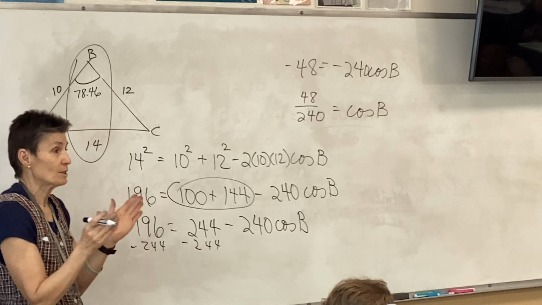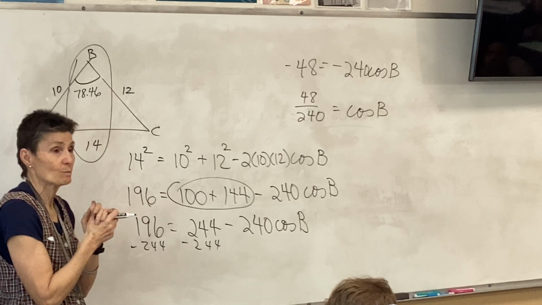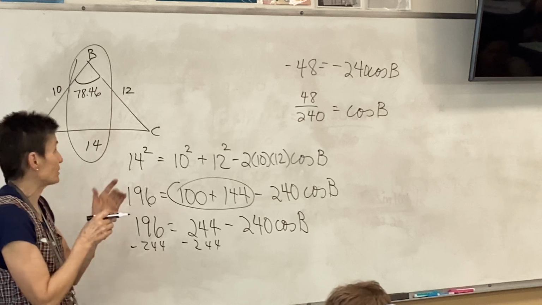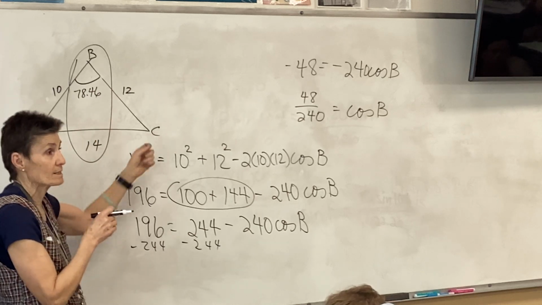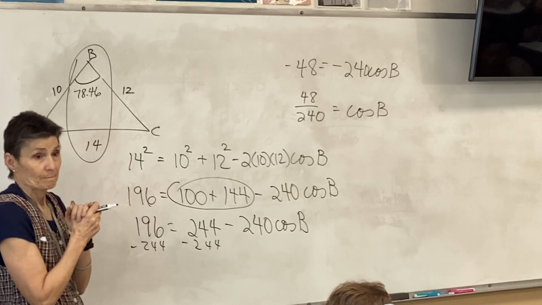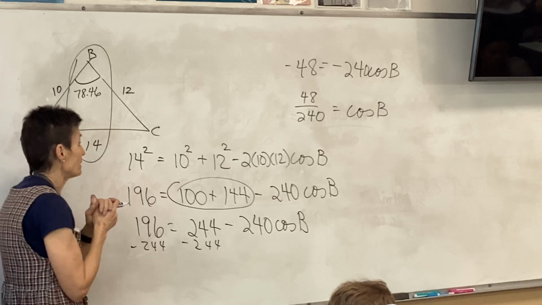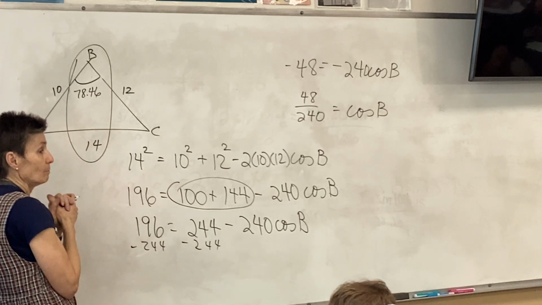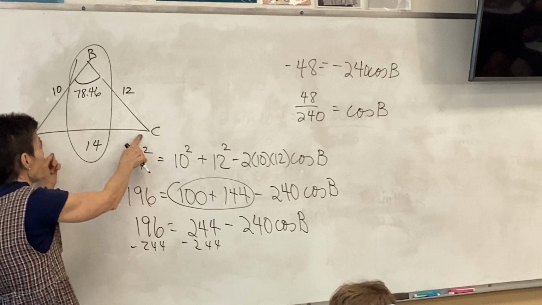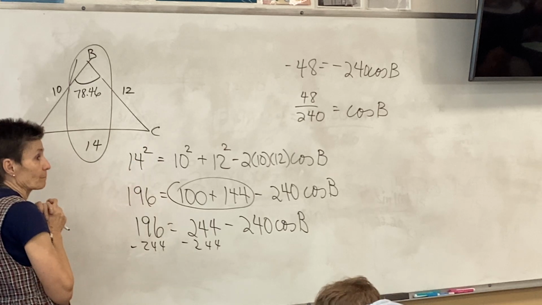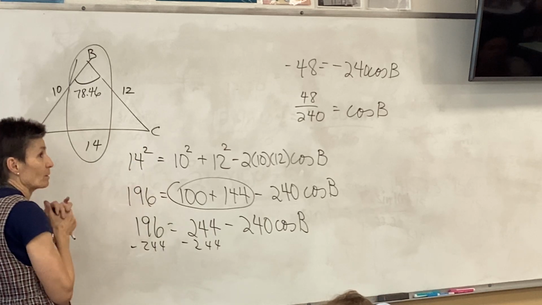So which way do you want to do it? We can do both this time. Would you like to do another law of sines, or do you want to practice another cosine? Cosine? All right. So which angle do you want to find now? Do you want to find A or C? Kids, it doesn't matter. C.